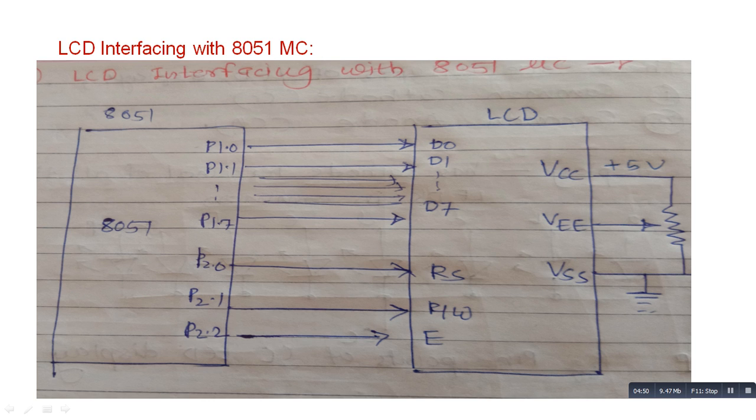RS pin is the register select that selects the two registers to control the LCD, that is the command code register and data register. So RS pin is connected to P2.0, P2.1 is connected to read write, and P2.2 is connected to E. So in this way all the port 1 and port 2 pins are connected to the LCD, and through the data pins the data is captured from 8051 microcontroller port P1.